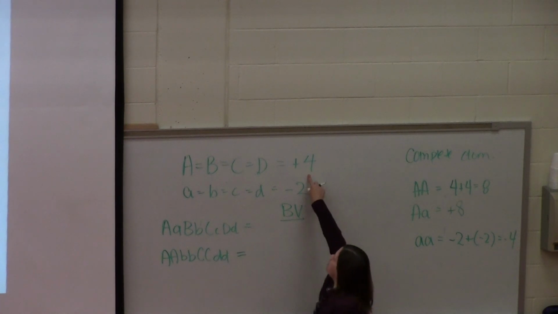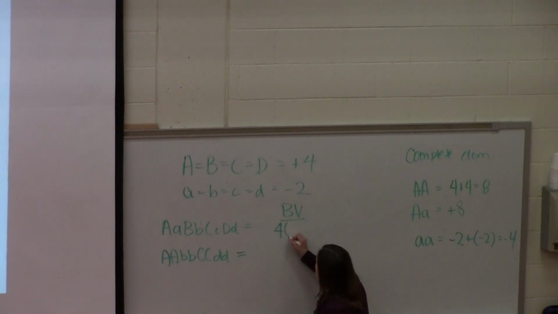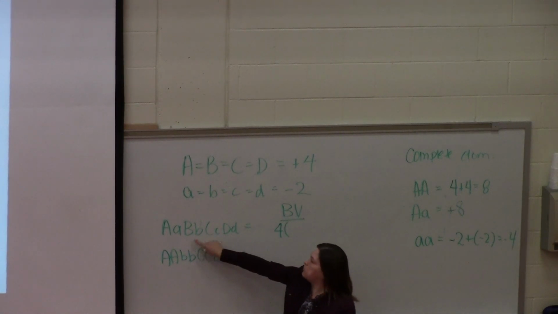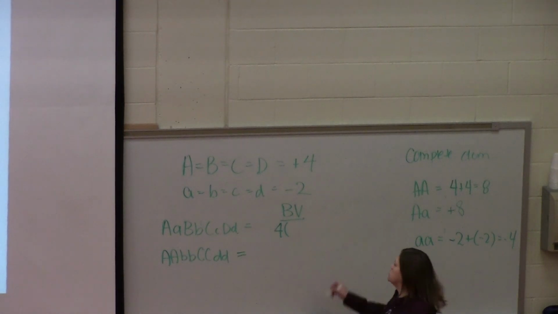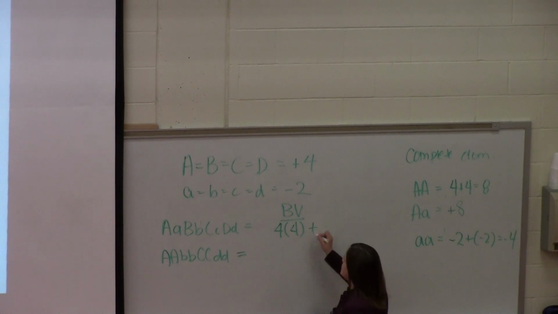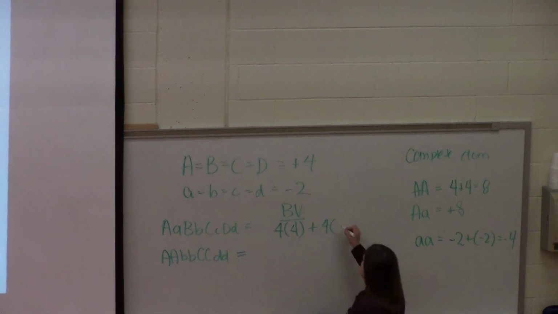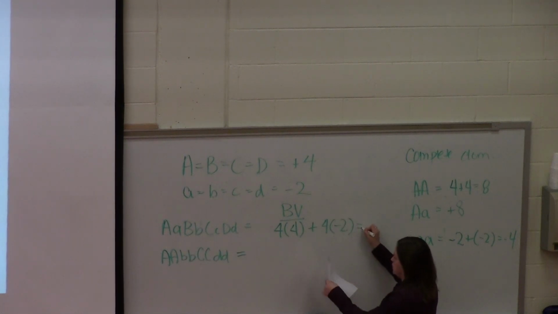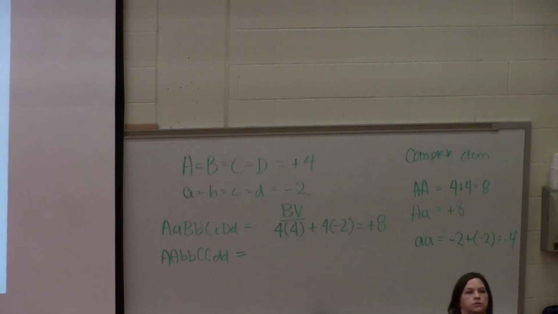So I say, how many dominant alleles do I have? Because they're each worth 4. So I'm going to multiply 4 by 4, right? 4 times 4. And then I also have 4 little recessive alleles, and those are each worth -2. So my breeding value turns out to be +8.